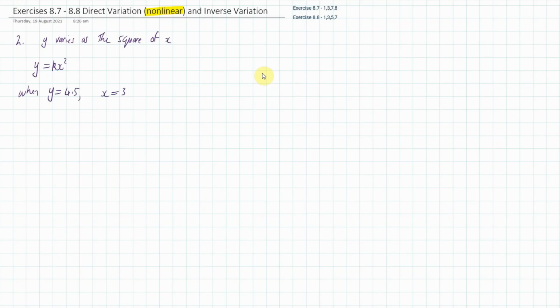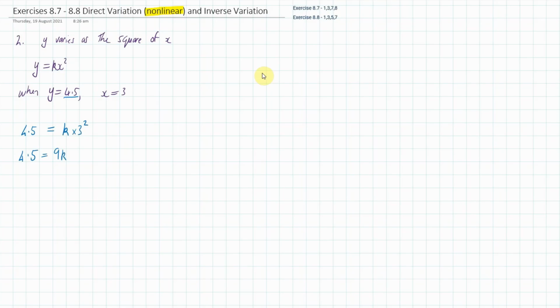So we plug these details into our formula: 4.5 is equal to k times 3 squared, so 4.5 is equal to 9k.